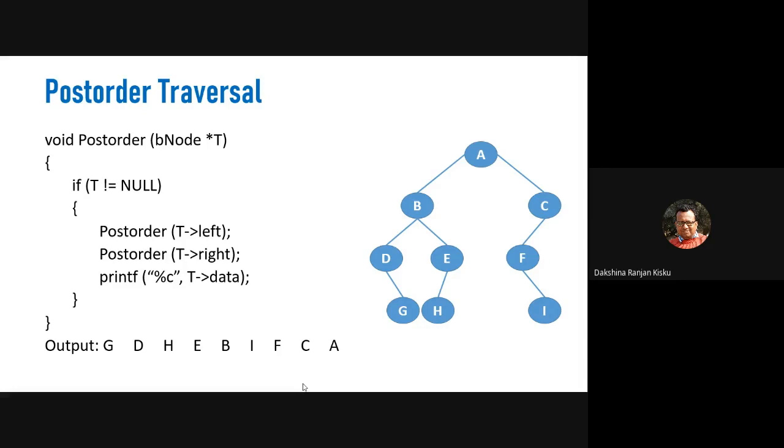Since the left subtree is empty, we will be visiting the right subtree of D. Here the right subtree of D is G, so G will be visited first.